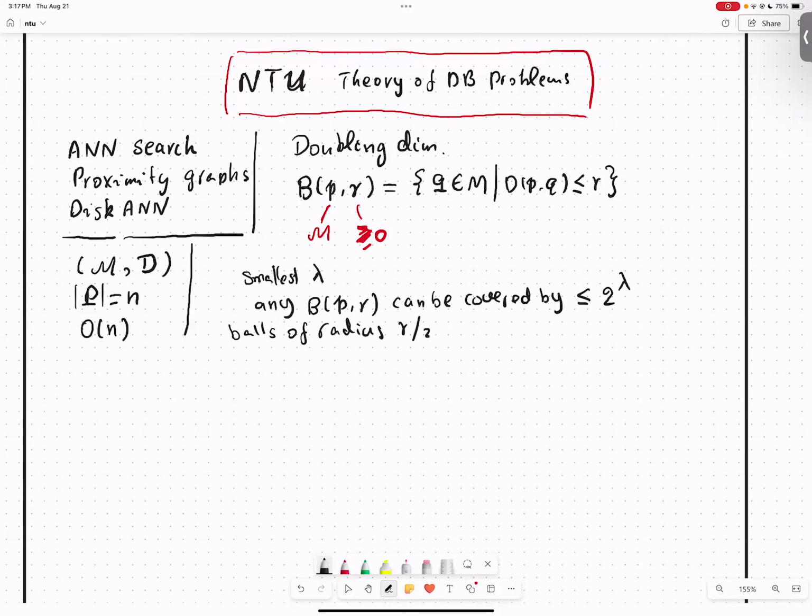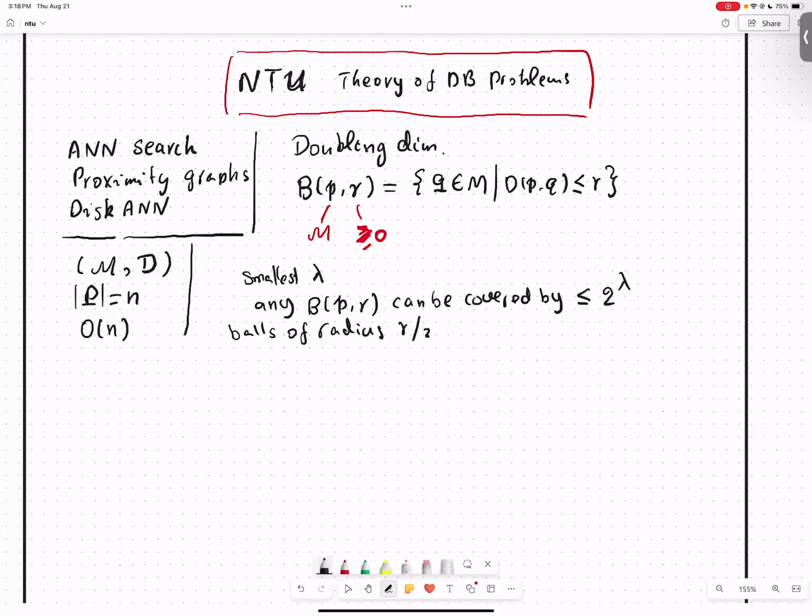So what the sentence is saying by this cover is that the input set, which is this radius r ball, is a subset of this union of the sets you have chosen, every set being a ball of radius r by 2.